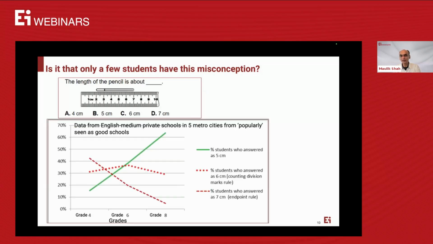The data from English medium private schools in 5 metro cities, popularly seen as good schools, shows that about 30% of students of grade 4, 6, and even grade 8 answer as 6 centimeter. They are counting division marks. So this was really amusing and really enlightening to us that the misconception does not go away on its own. It persists even in grade 8.